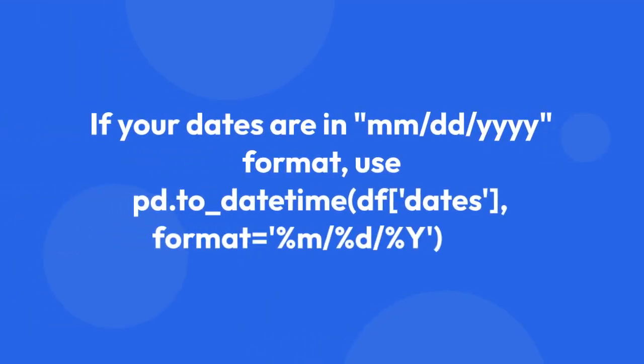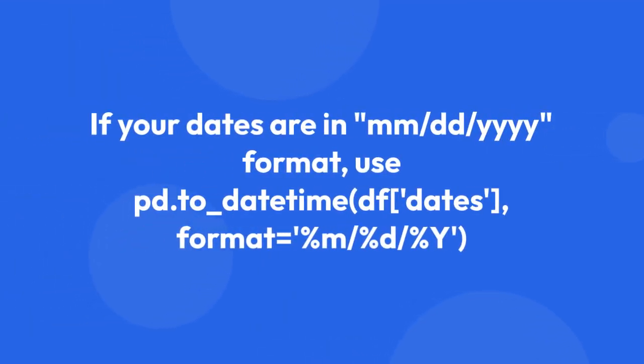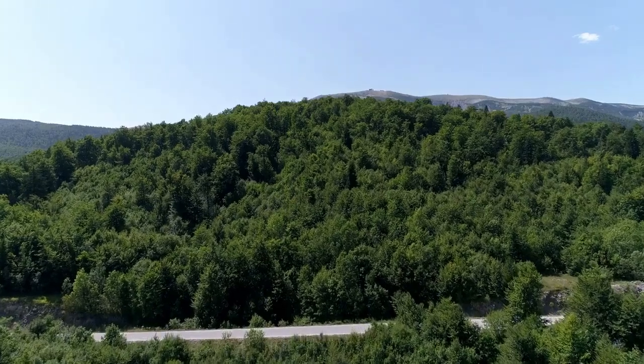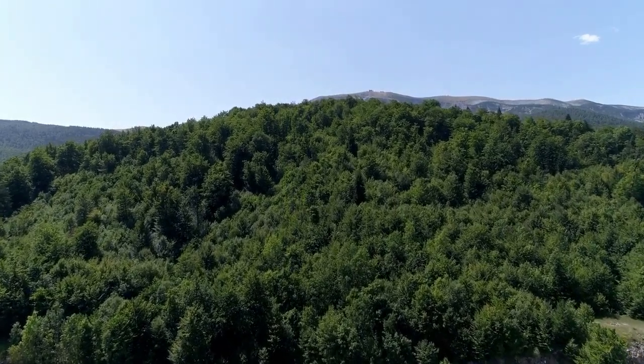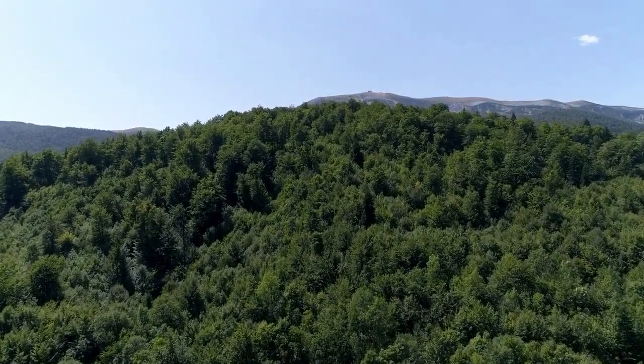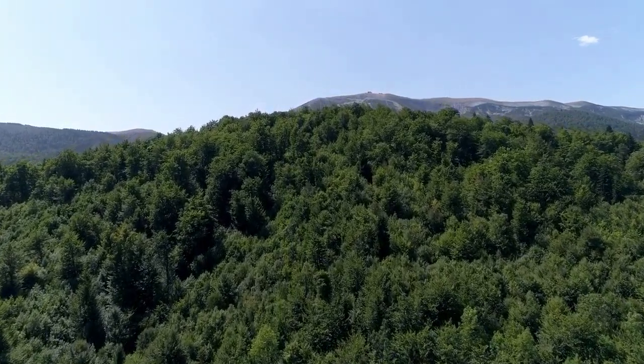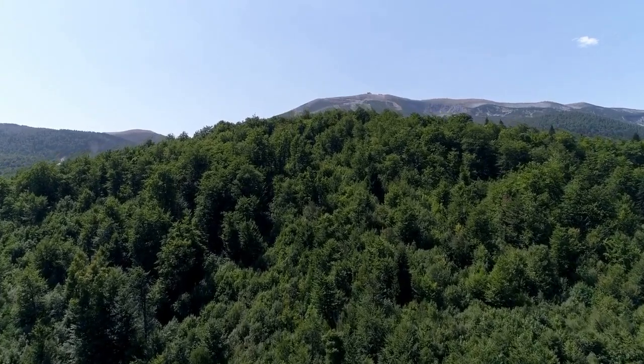For instance, if your dates are in mm/dd/yy format, use pd.to_datetime(df['dates'], format='%m/%d/%y'). Correctly handling these issues prevents the error and allows you to leverage the power of the '.dt' accessor for date and time manipulations in pandas.